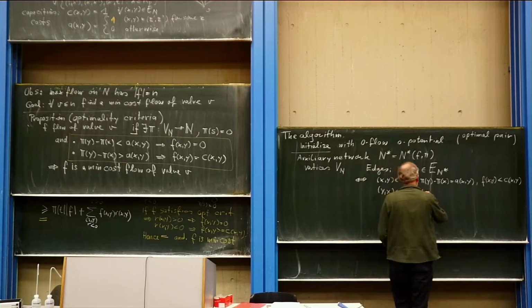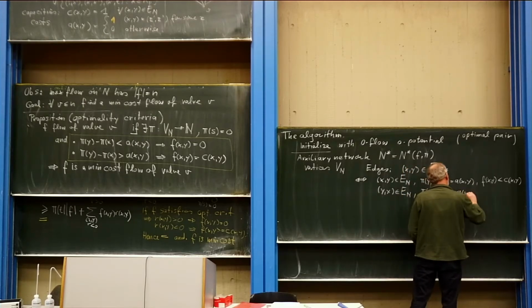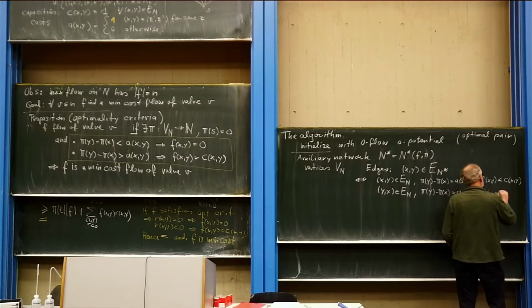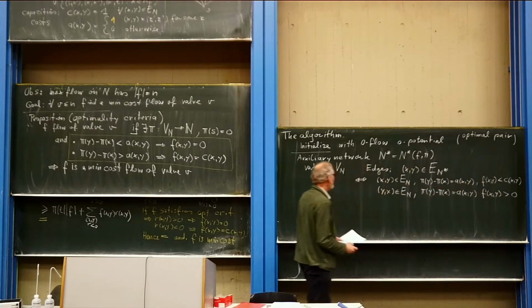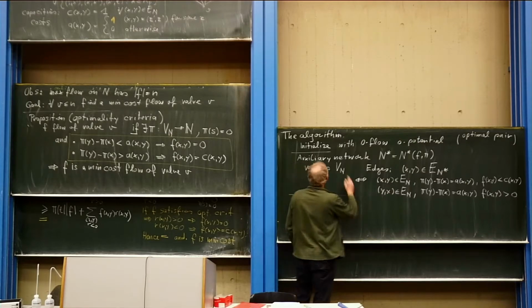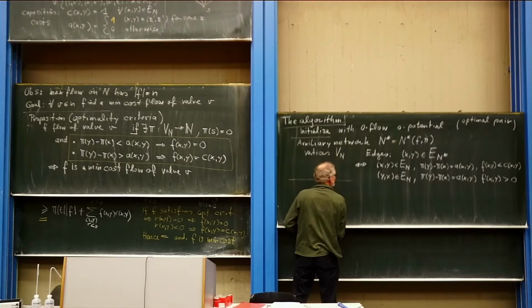So we have the same condition here, that we are at the cost, but this time we require that there is a positive flow in this edge. So this is the edges in the auxiliary network, and now our algorithm that we design has two steps.